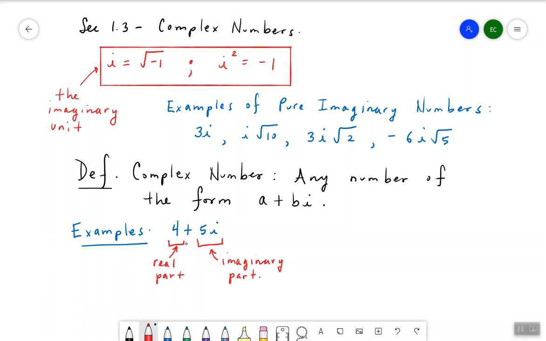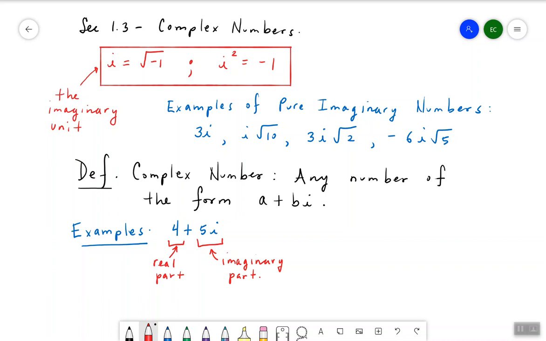And indeed, there are two separate parts, a real part and an imaginary part, but we can take the whole thing together and think of it as a single quantity, as a single number, a special number called a complex number. Okay, so 4 plus 5i is a fine example of a complex number.